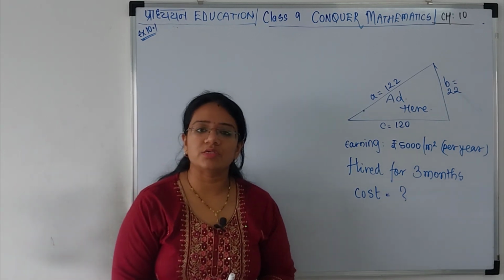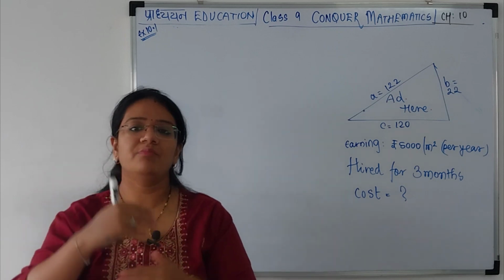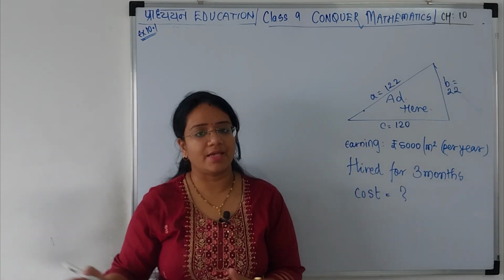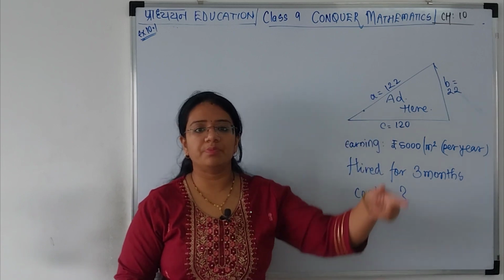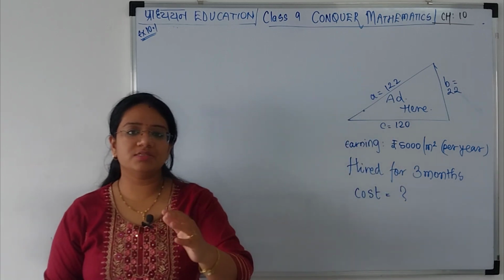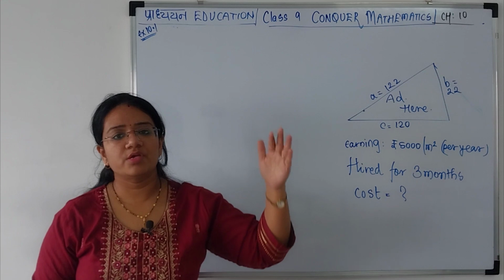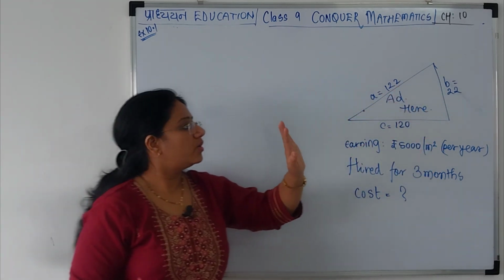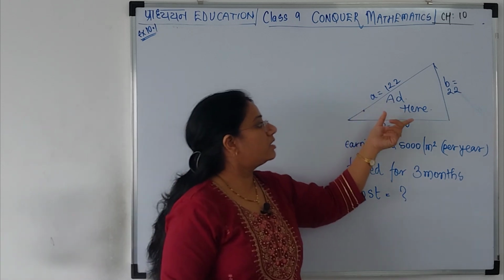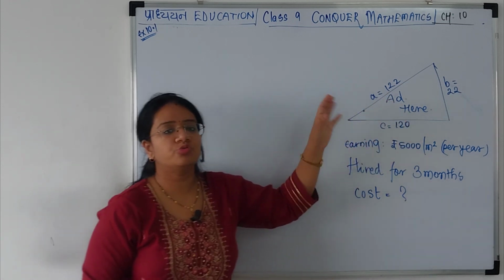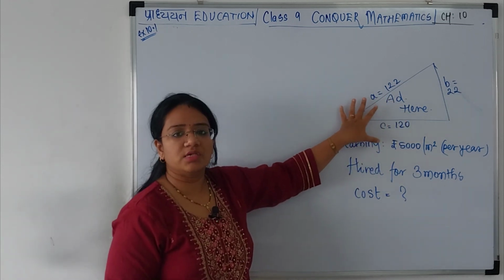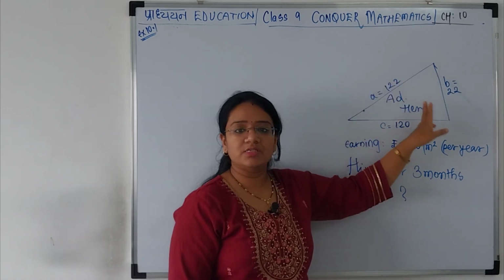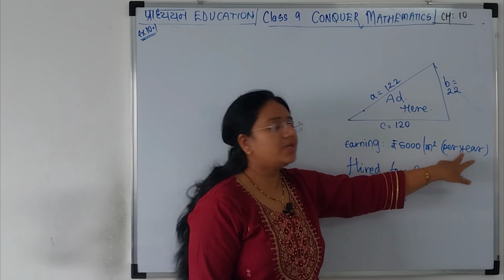Now understand the question. Like flyovers, bridges, they have walls on either side, right? So they are of the shape triangle. Okay. So there is a triangular wall, which has sides 122, 22 and 120. If you are some company who wants to post your ad on these walls, you have to pay rupees 5,000 per meter square of this wall per year.